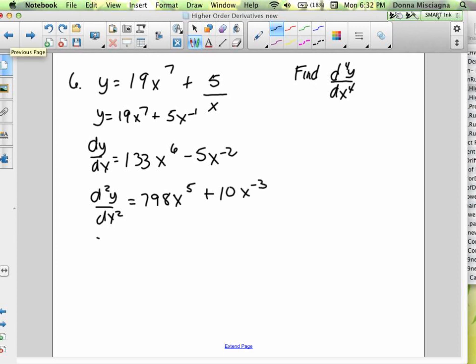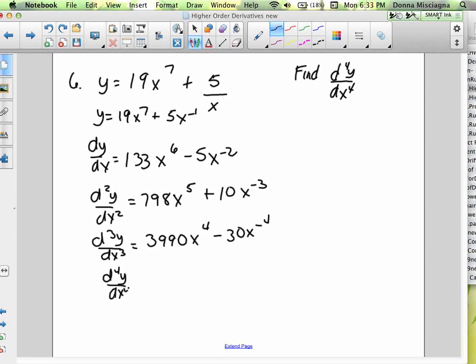All right? d3y over dx3 is 798 times 5. It's going to give us 3,990 x to the 4th power minus 30 x to the negative 4 power. And then one more.